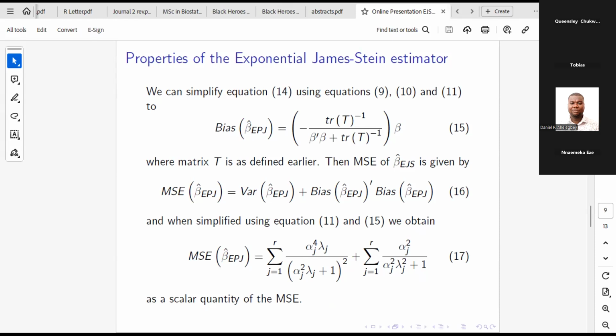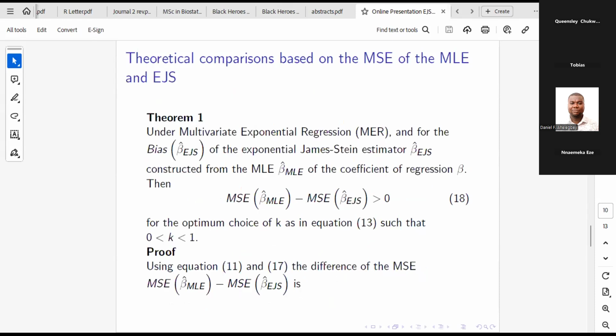So if we have that quantity, then we can theoretically compare the mean square error of the maximum likelihood estimator and the mean squared error of the exponential James-Stein. Theorem 1 gives that if we have a multivariate exponential regression and the bias as discussed earlier, the difference of the mean square error of the maximum likelihood estimator and the mean squared error.